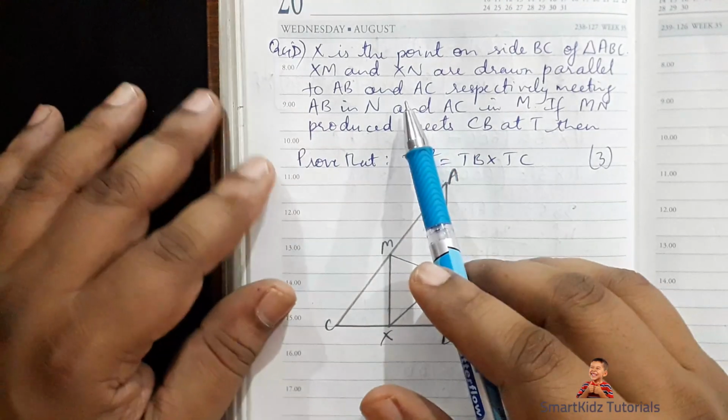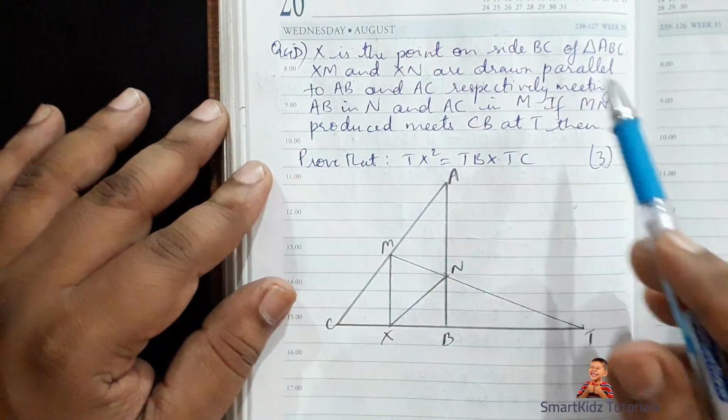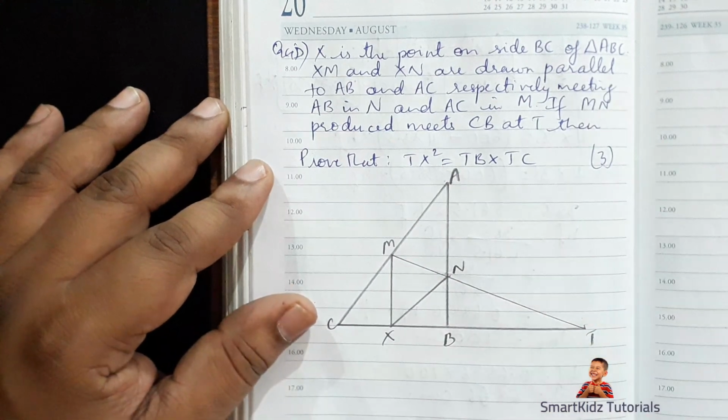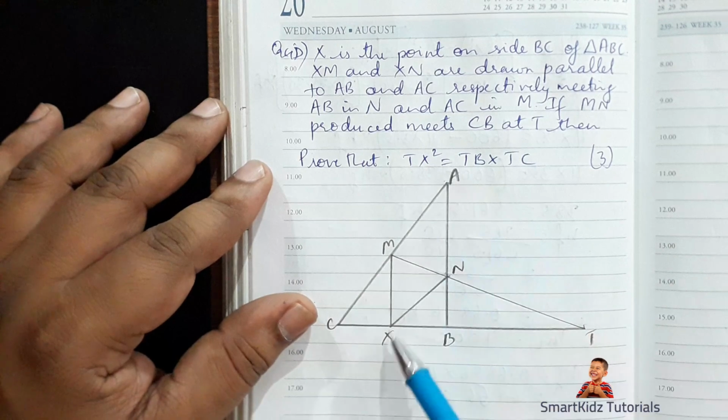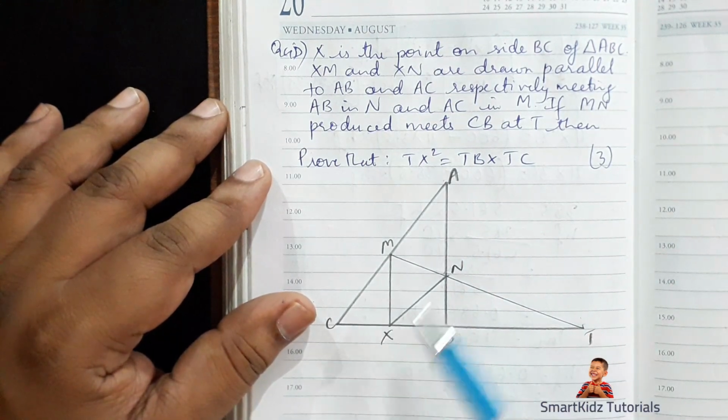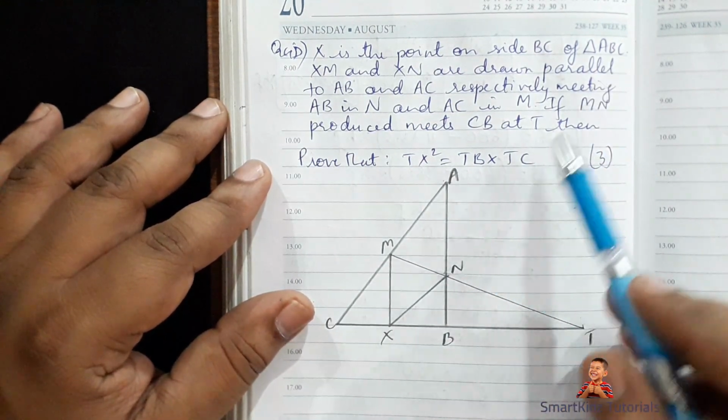We come to the final question, question 4D, which is for 3 marks. It's a rider. We'll have to give the proof for this. Now X is the point on the side BC of triangle ABC.